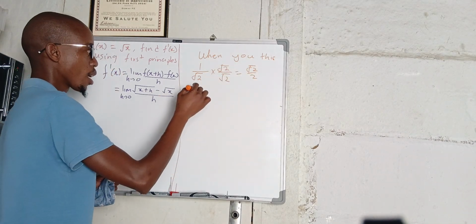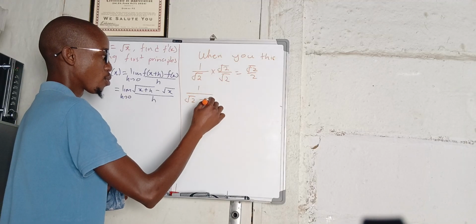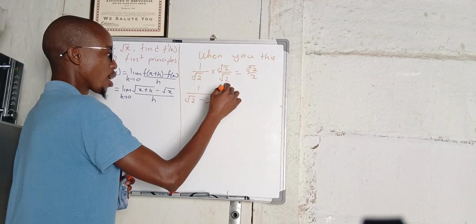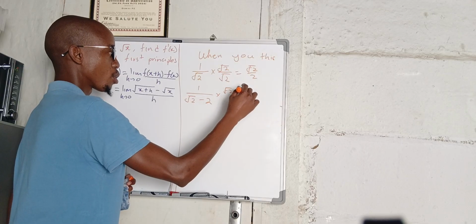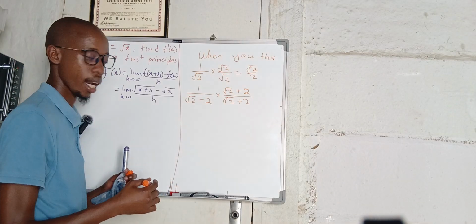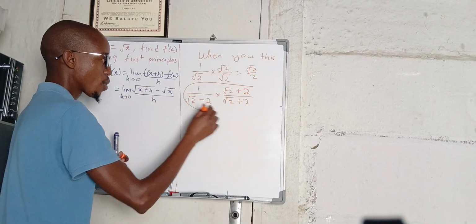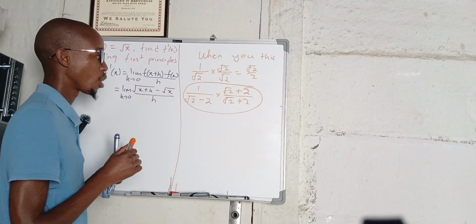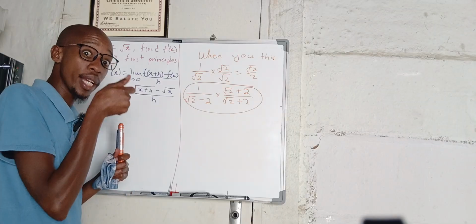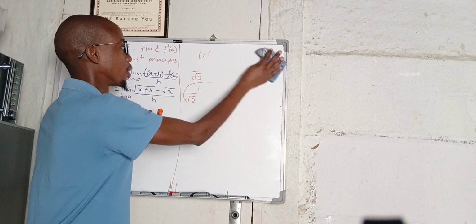Let's make it interesting. 1 all over the square root of 2 minus 2. You will be having square root of 2 plus 2 all over square root of 2 plus 2. All right. So even here, we will be using this particular method of rationalizing now the numerator, not the denominator. Let's proceed.